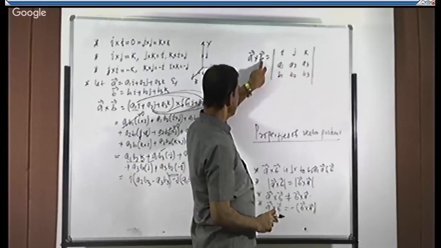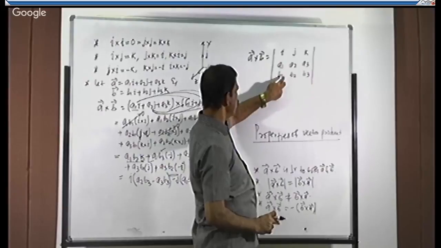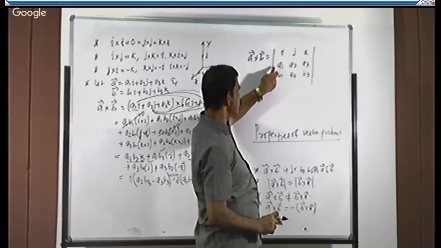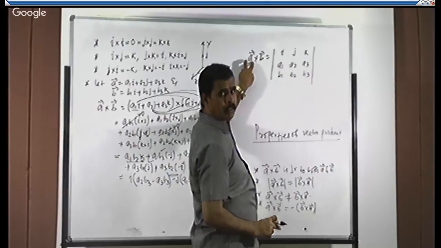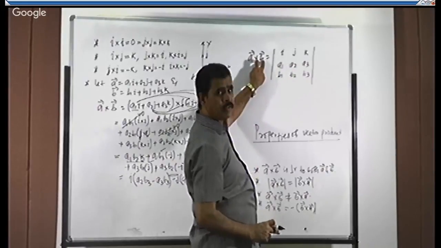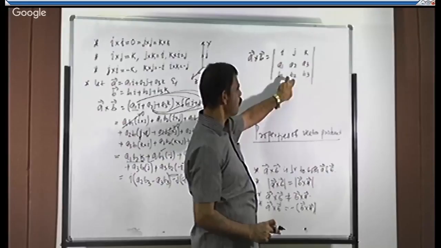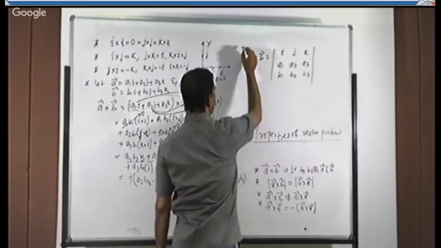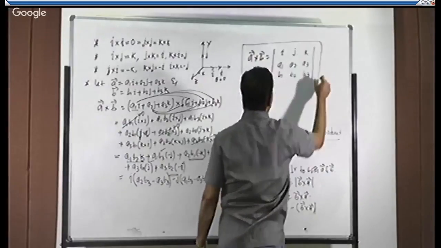The second vector is B, whose constants are B1, B2, B3. You take the constants in the first vector as the second row, and the constants in the second vector as the third row. This will be the cross product formula.